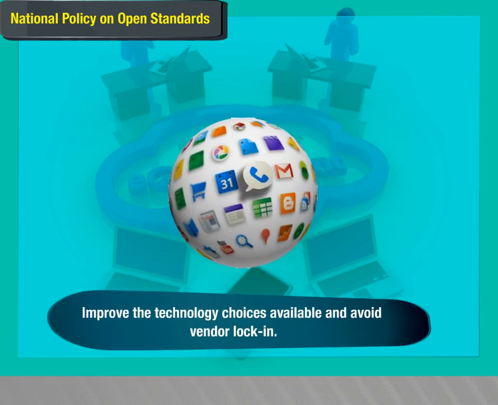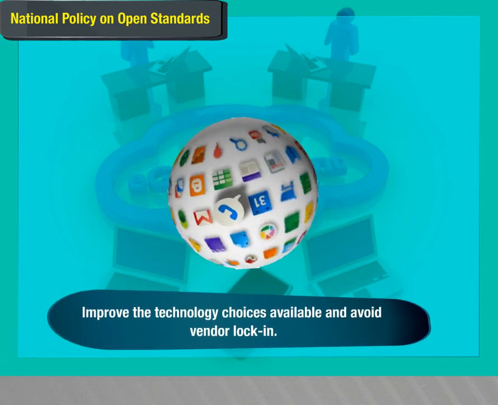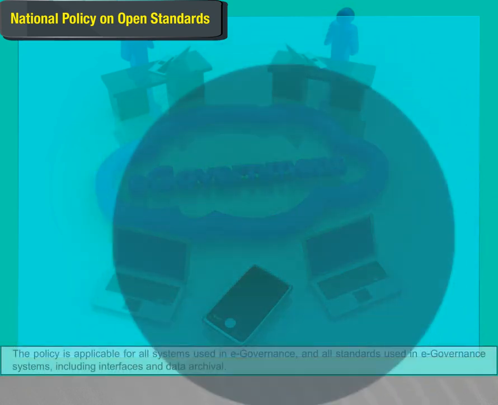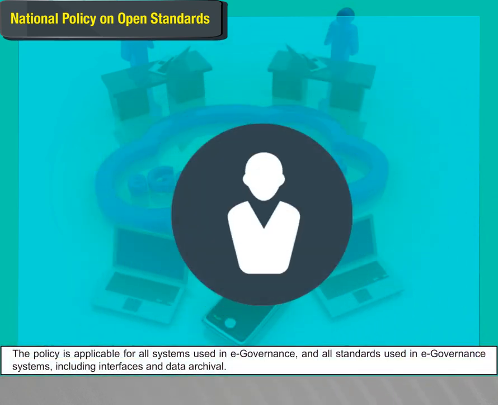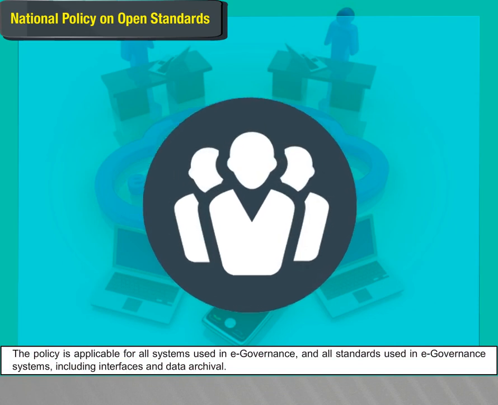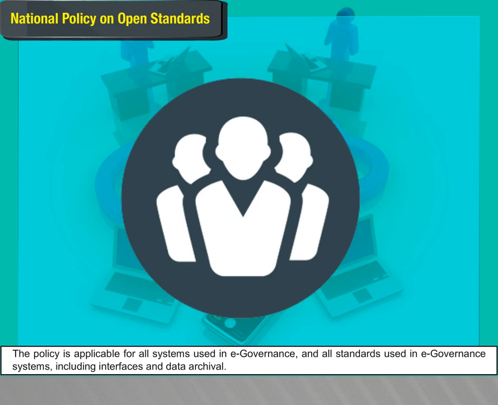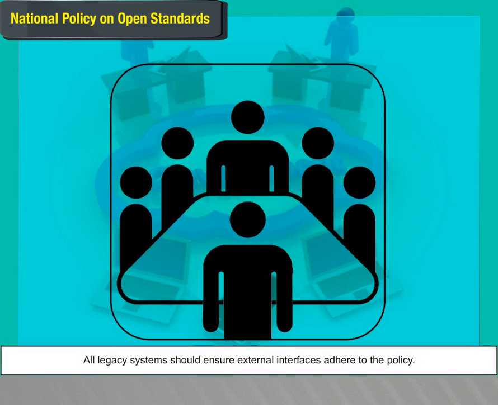Improve the technology choices available and avoid vendor lock-in. The policy is applicable for all systems used in e-governance and all standards used in e-governance systems, including interfaces and data archival. All legacy systems should ensure external interfaces adhere to the policy.